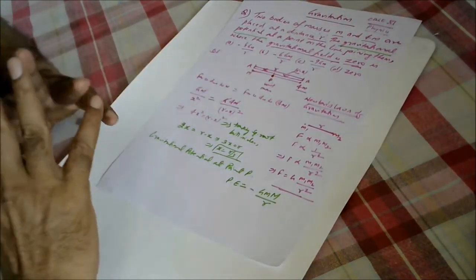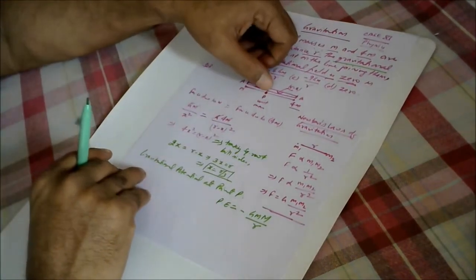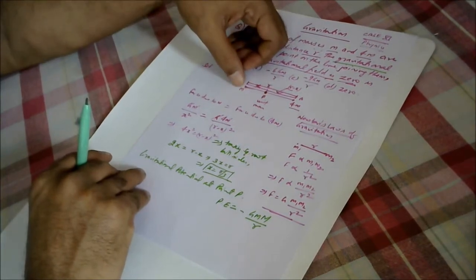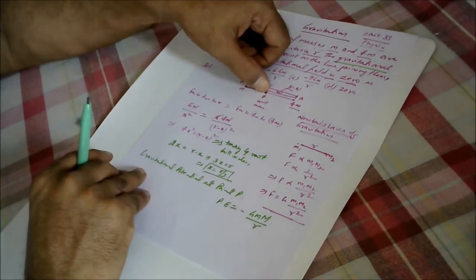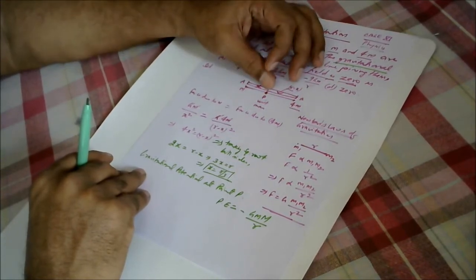This is the formula for two masses. Now because we are finding it at one particular point, we need to find the gravitational potential due to this mass m at point P plus the gravitational potential of this mass 4m at point P.